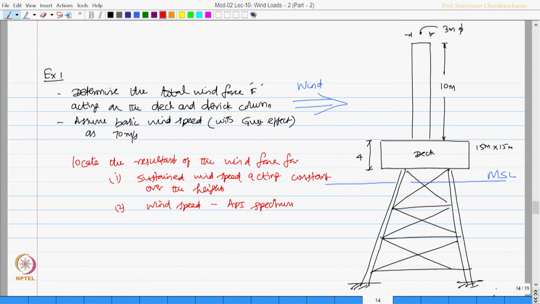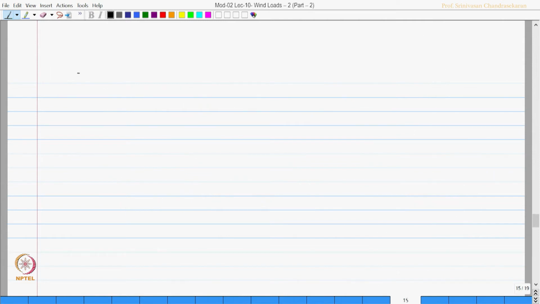So, let us say solution. For the first case, wind speed is constant for the complete height.